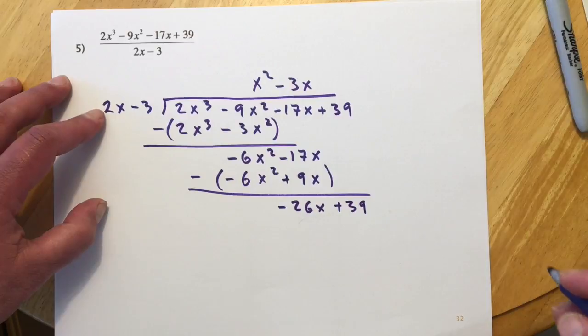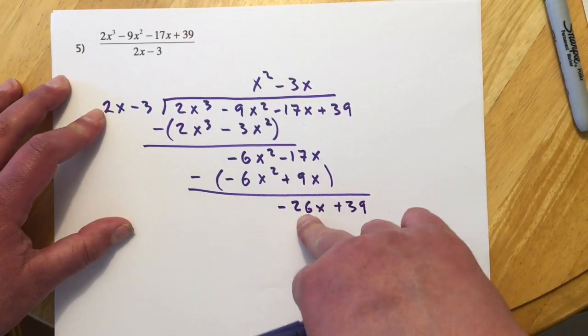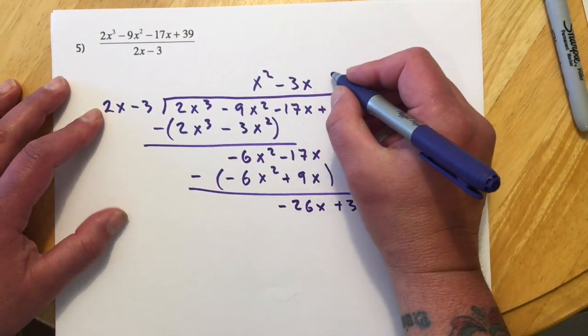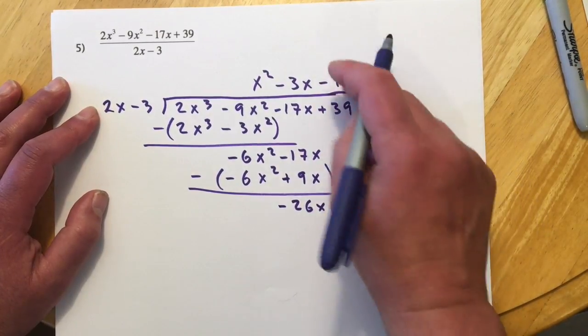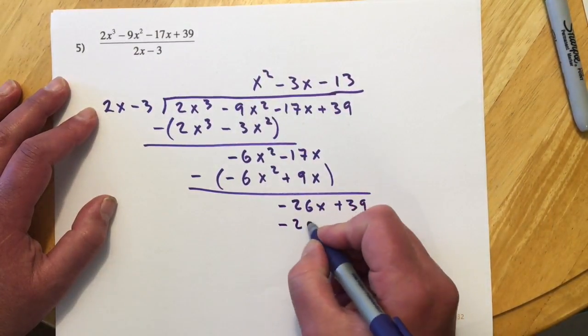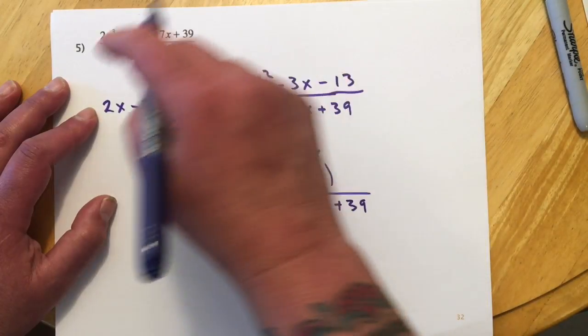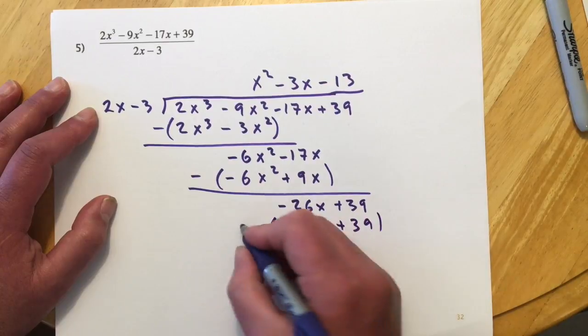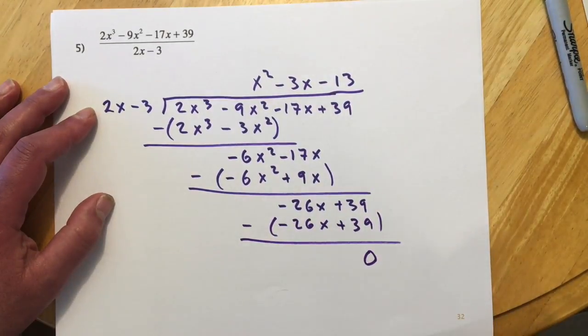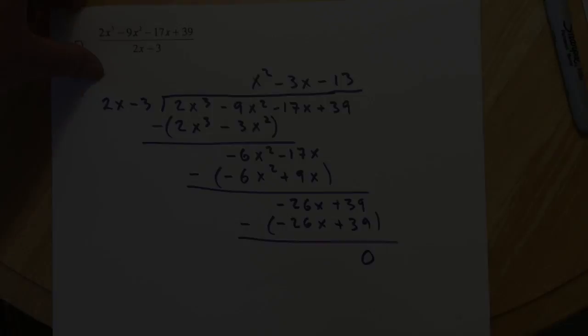And then what I multiply 2 by to get negative 26 would be negative 13. And so negative 13 times 2 is negative 26x. Negative 13 times negative 3 is 39. And so for this one, it comes out remainder 0. So our answer would just be that.